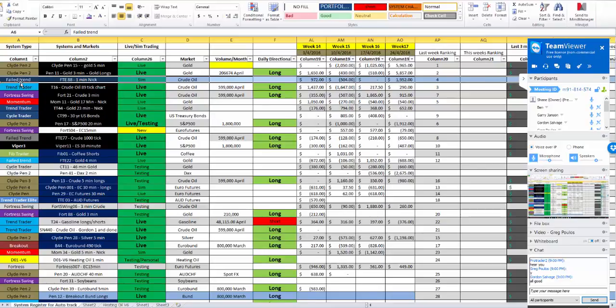So if you can put together two of these strategies where you've got trend and momentum working together in harmony, then that's a fantastic combination for a market. They're two nice opposing systems to have running together.